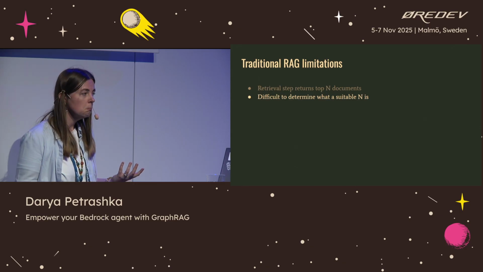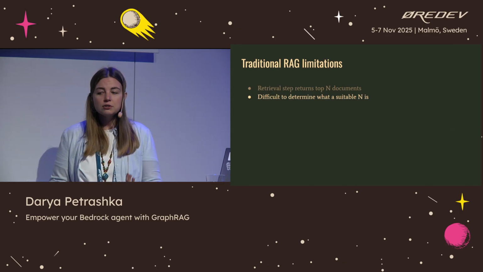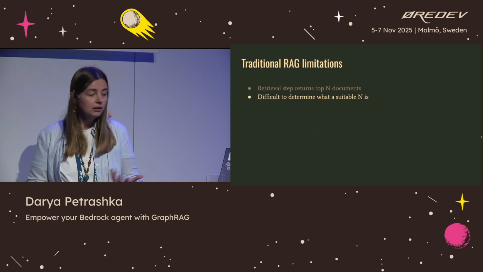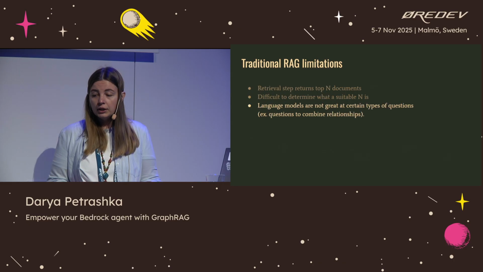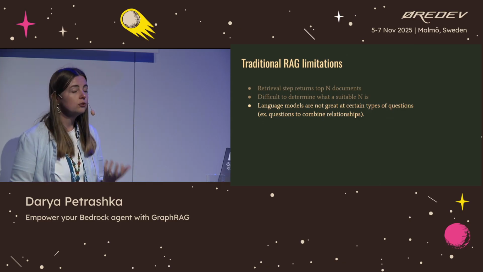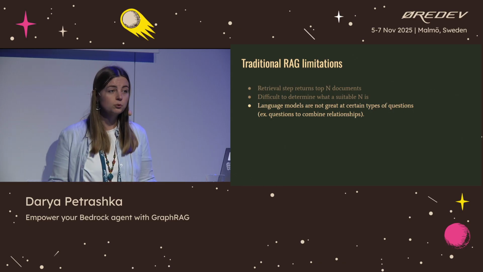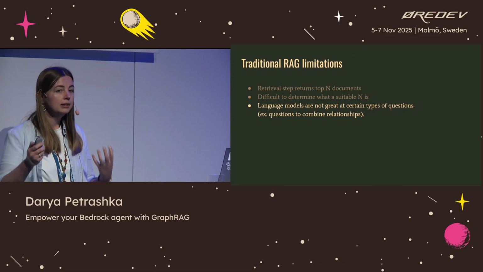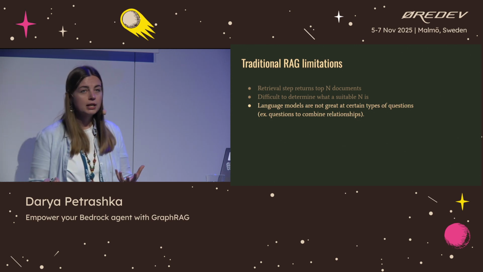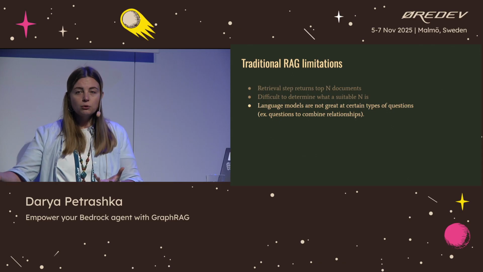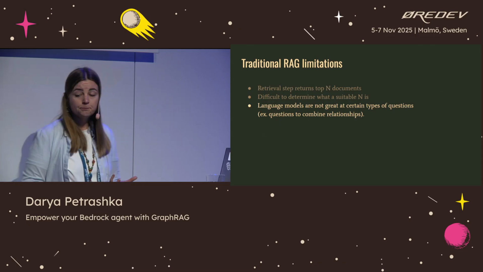Maybe our most relevant and interesting information would be in document or chunk number 6. We don't know. Also, large language models are just not great with certain types of questions, for example, if we want to combine and understand different relationships, and that combination goes beyond semantic similarity.